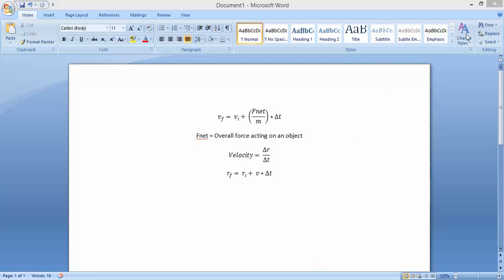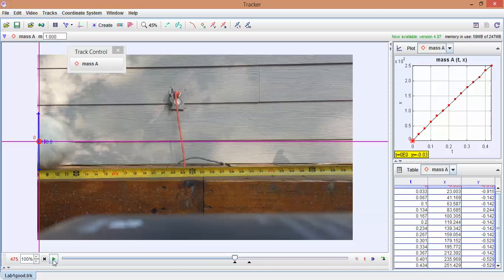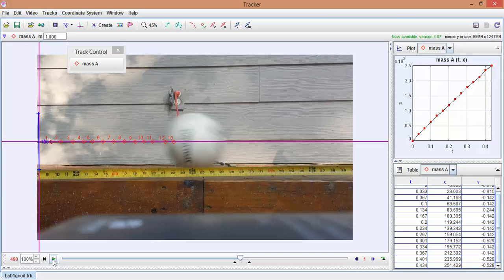So now we can go back to my experimental data, and I will show you how I chose the points to calculate the velocity. In reality, you could choose any two points and find the difference in position over the difference in time. So you could go from the first to the second point, or from the first all the way to the last point over here.